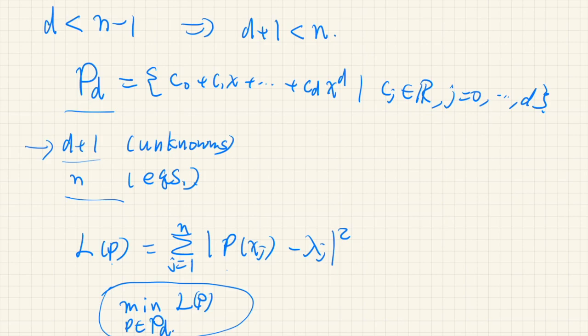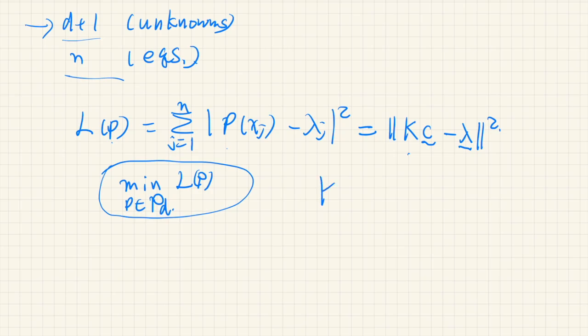We have seen in the previous video that this minimization problem can be solved using the kernel method. So this is equal to the norm squared of this: K times C minus lambda, where K is a matrix made of kernel functions, and C is a vector of coefficients, and lambda is a vector. So K is a matrix made of the values of the kernel function k of xi, xj, where xi and xj are the given data points.